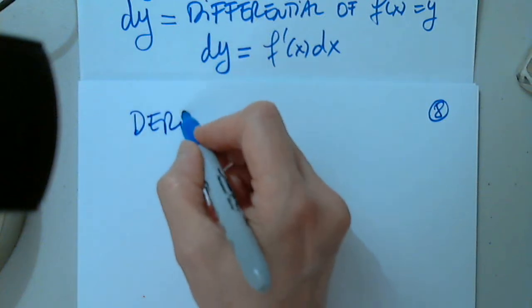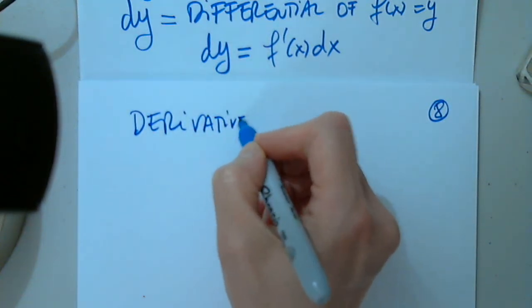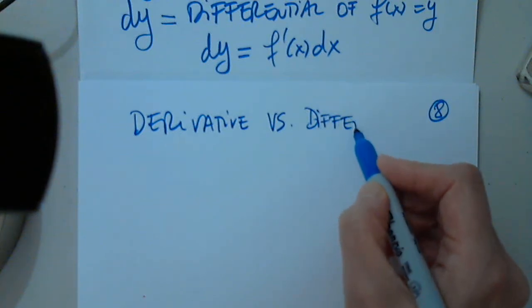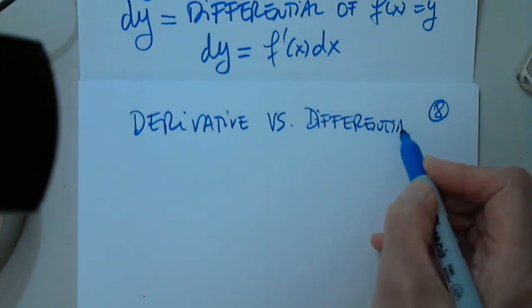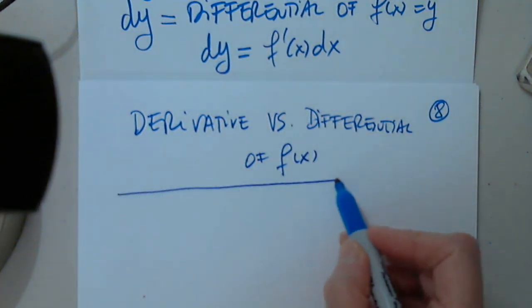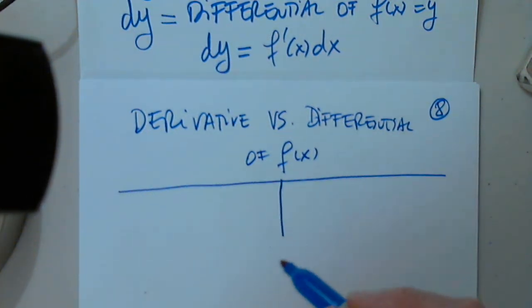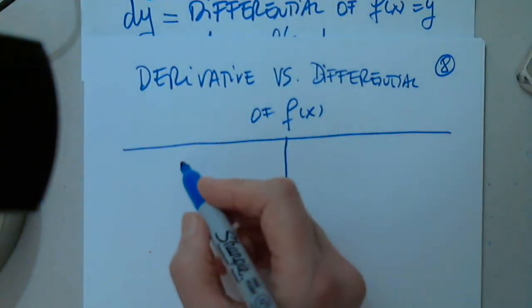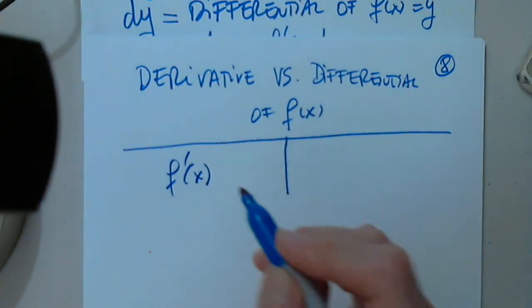Derivative versus differential of f of x. Please understand they are completely different. The derivative of f of x is f prime of x.